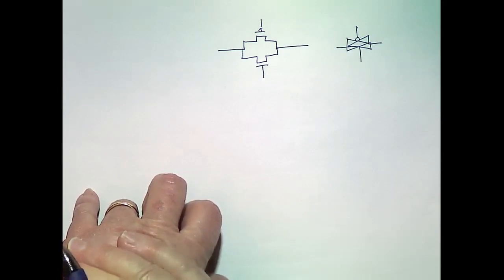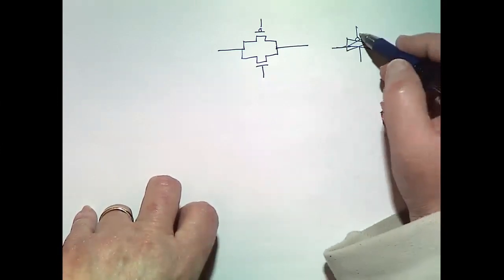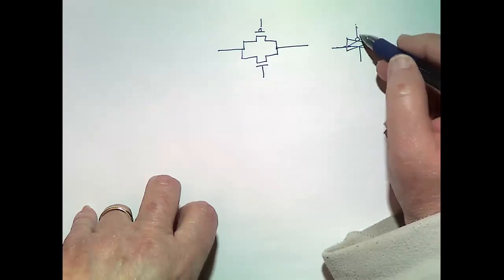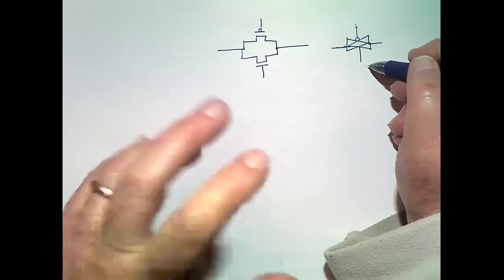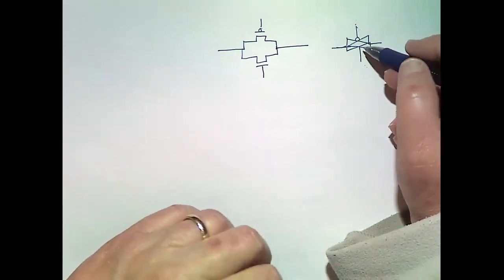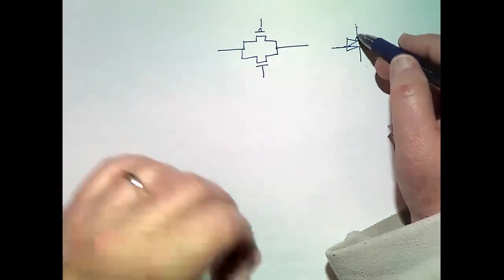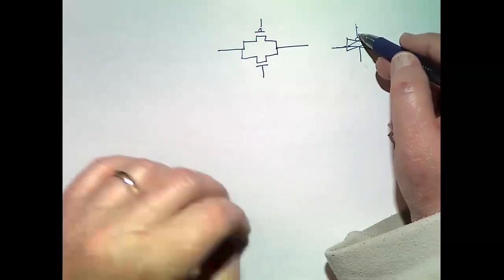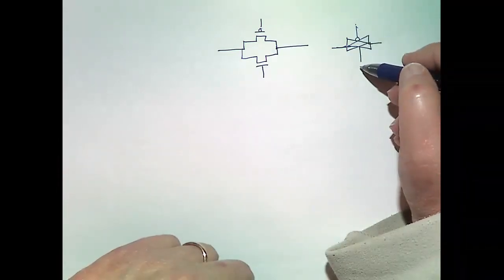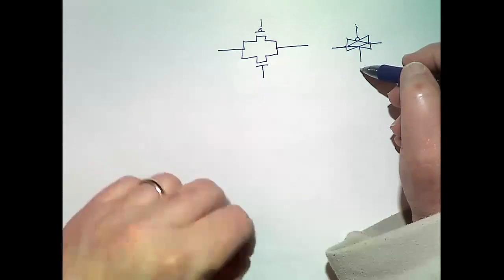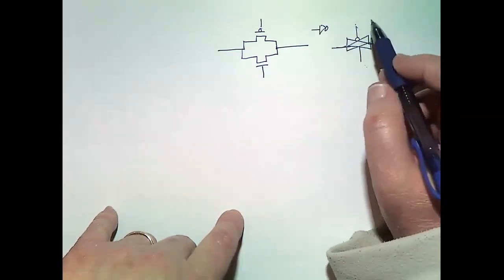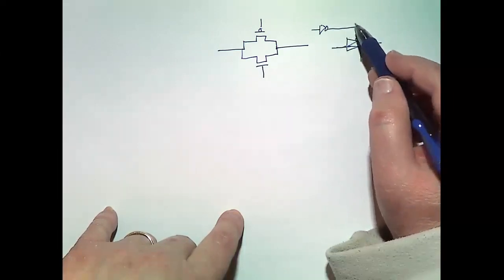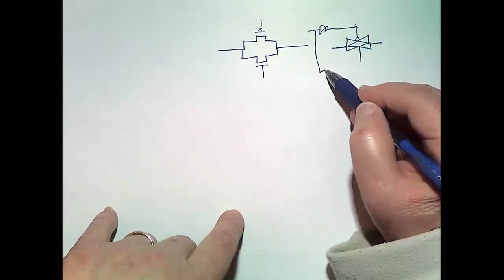And we often use the same control for both of these. They're either both on or both off. But since one of them is on when its input is low and the opposite for the NMOS, we usually add an inverter. So we do something like that.